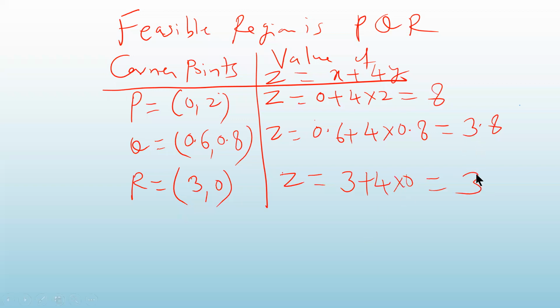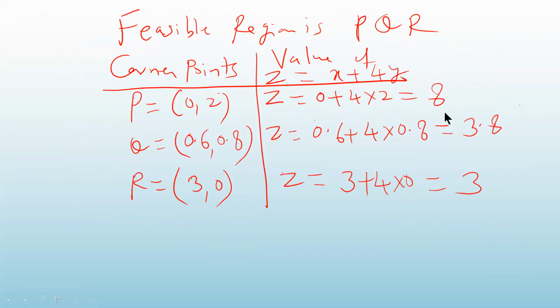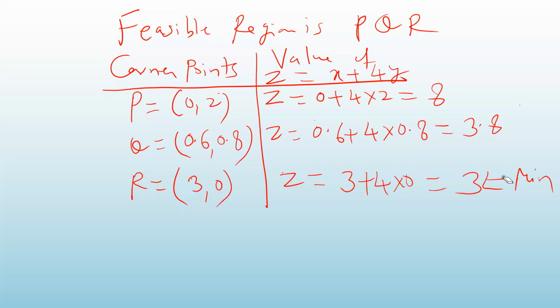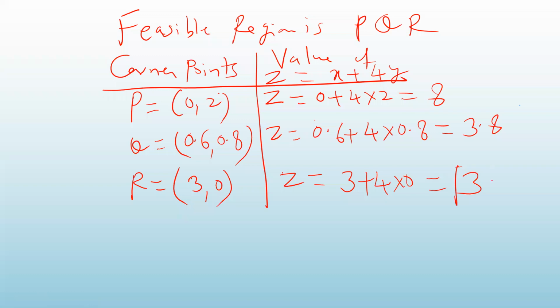So where are you getting the minimum value of Z? You want to minimize Z. See, the problem is to minimize Z. So you have to take the least value. So where you are getting the minimum, this is the minimum Z. The minimum value of Z is 3.